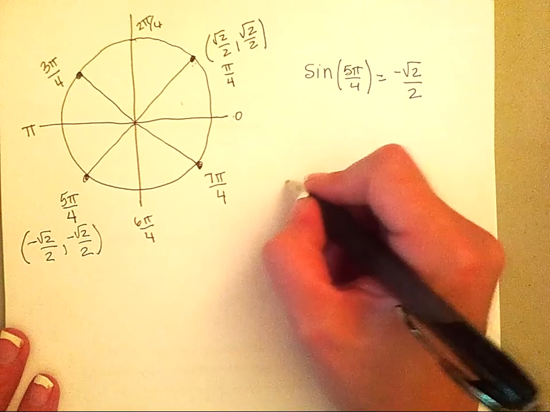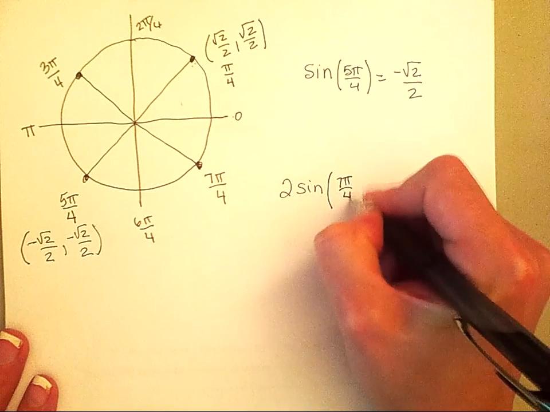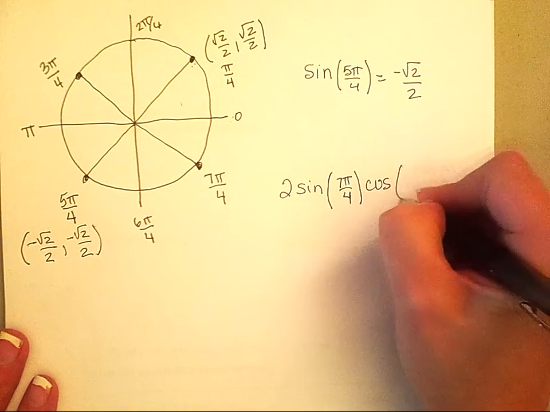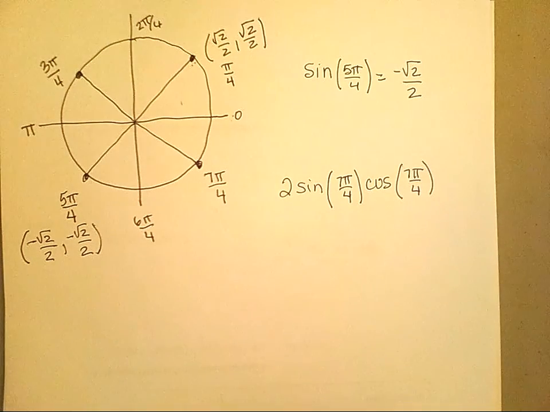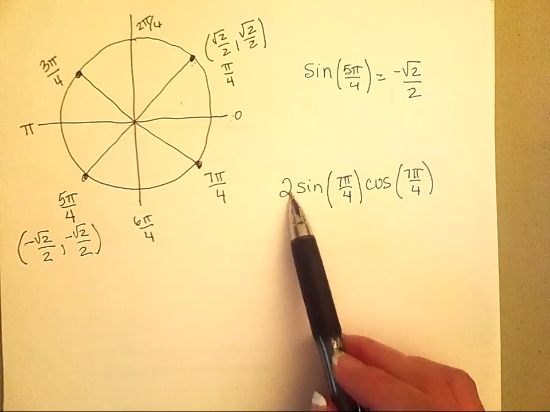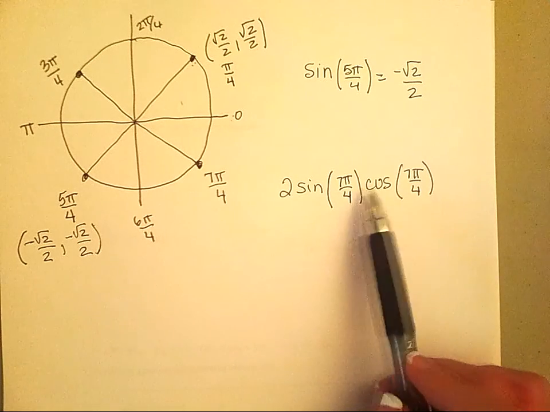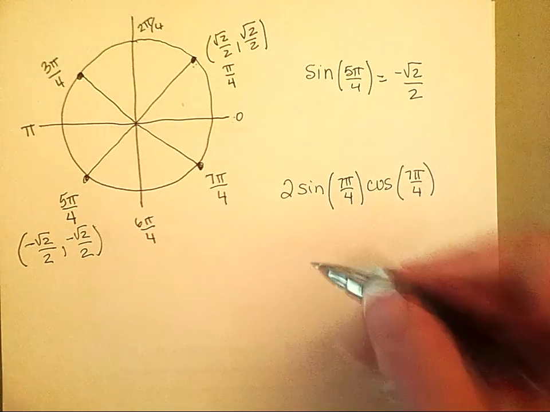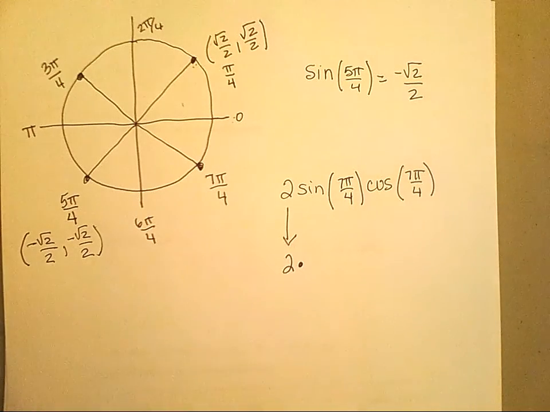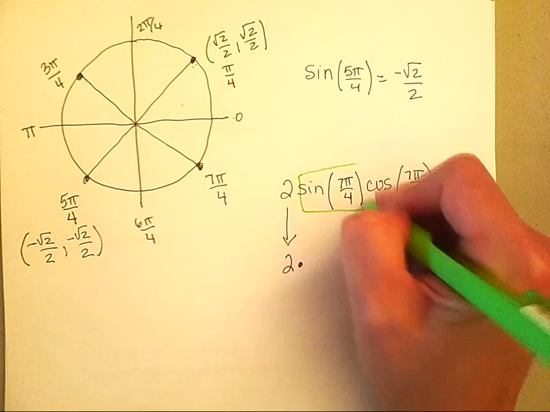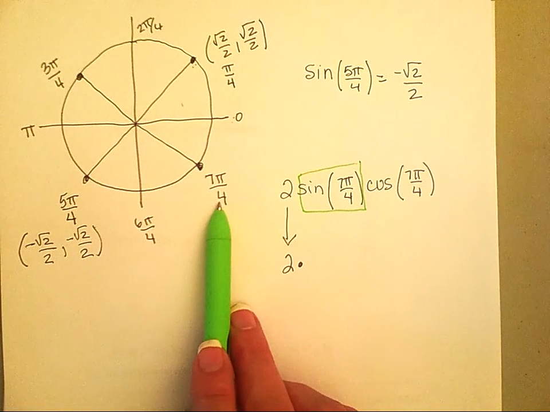And we can mix them together too. What if we had 2 times the sine of 7 pi over 4 times the cosine of 7 pi over 4? Okay, so this is all multiplication. 2 is just a coefficient, so our 2 will just come down, and we're multiplying that by the sine of 7 pi over 4. Well, here's 7 pi over 4.